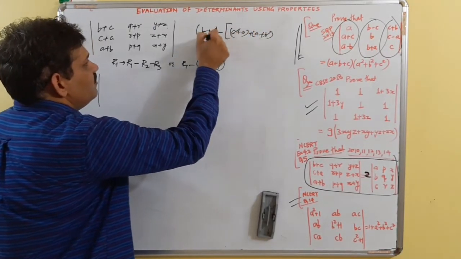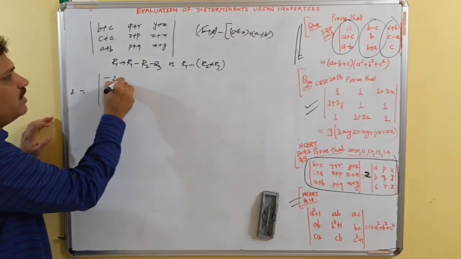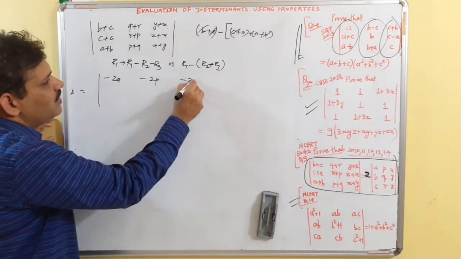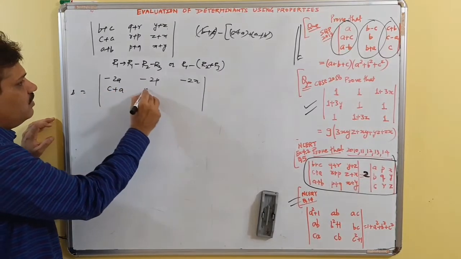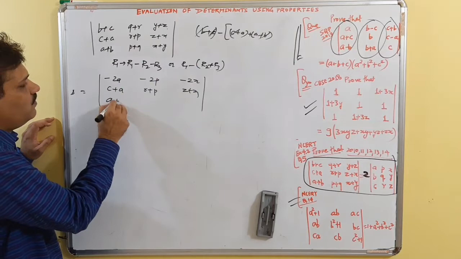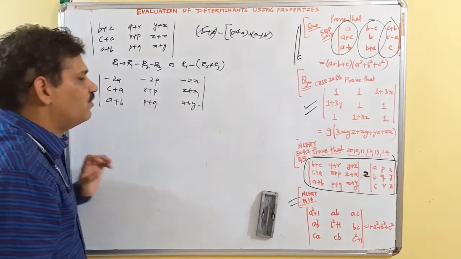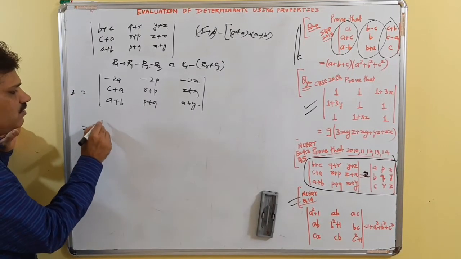So B and C will be cancelled out, and A and A, minus 2A. Here I get minus 2A, here I will get minus 2P, and here we will get minus 2X. Then C plus A, R plus P, Z plus X, A plus B, P plus Q, X plus Y. Well, so now I can take minus 2 common.